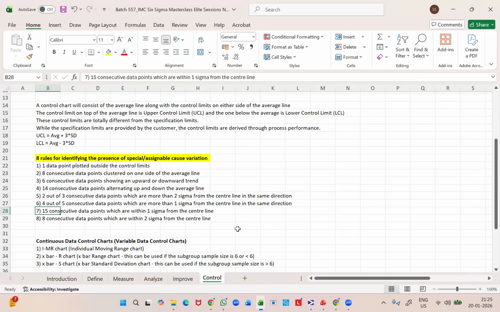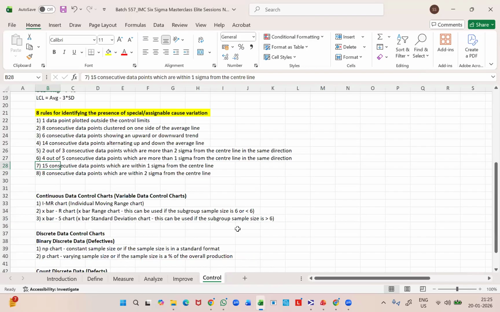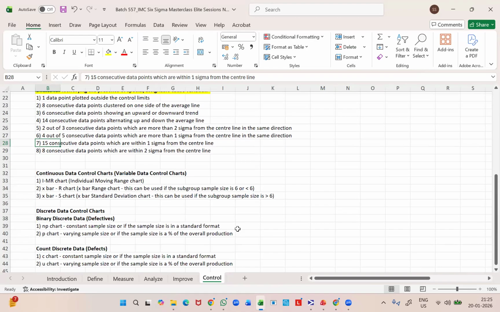So let us look at the list of control charts that we have for both continuous data as well as for discrete data. One thing we need to remember, continuous data is also called variable data, right? Just like discrete data is known as attribute data, continuous data is also referred to as variable data.